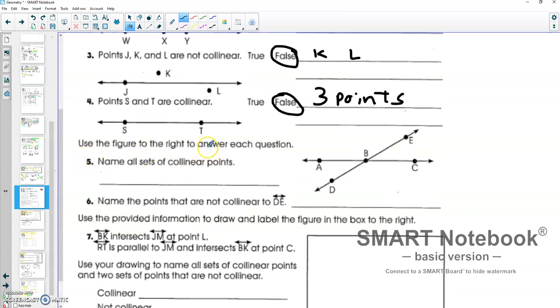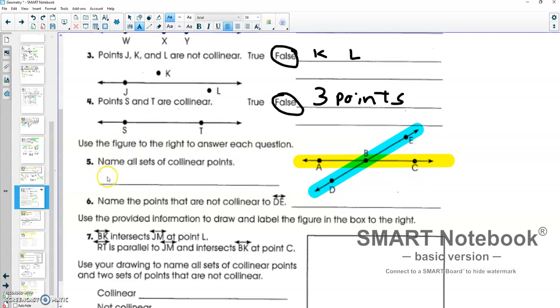Name the figure on the right to answer each question. Name all the sets of collinear points. So, how many lines do we see? We see 2 lines, 2 straight lines. If we look at here and here, and group it together, what do we get?